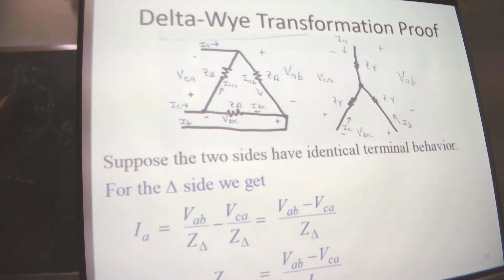And for this, it's quite easy. So RC is equal to RY. It's a Y connection, right?